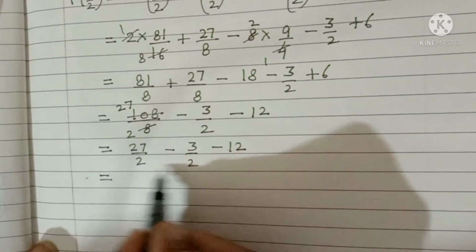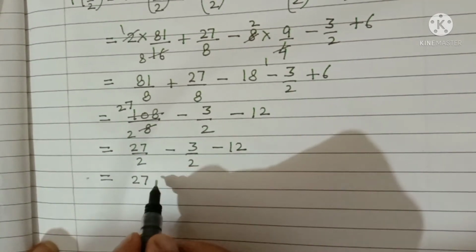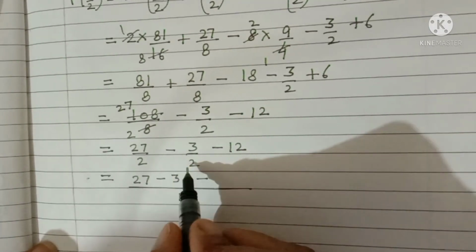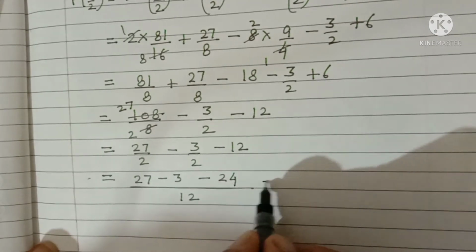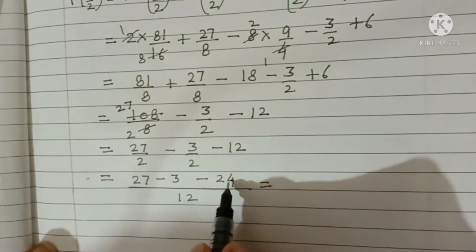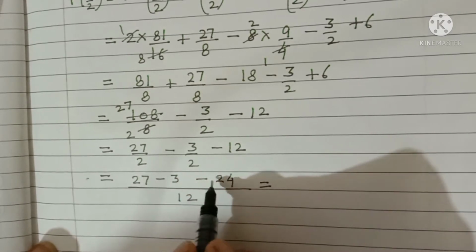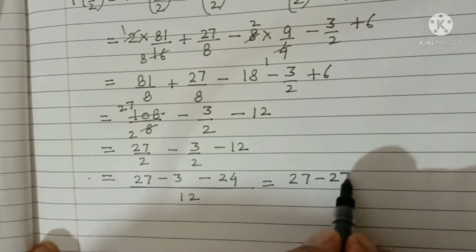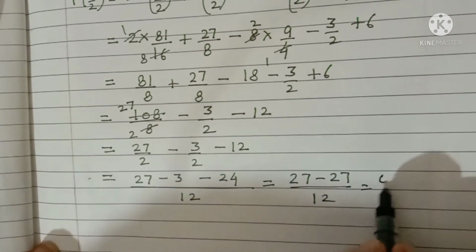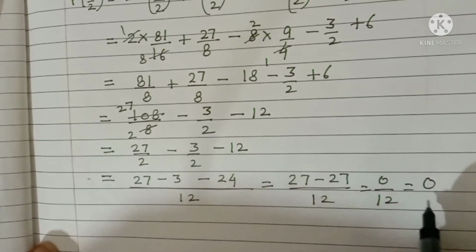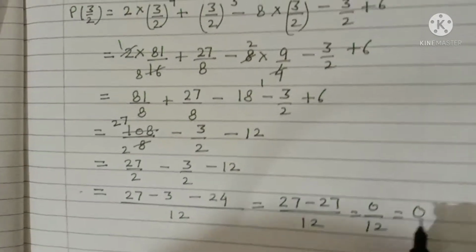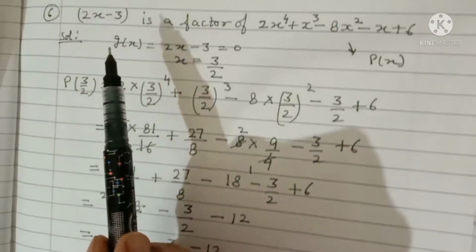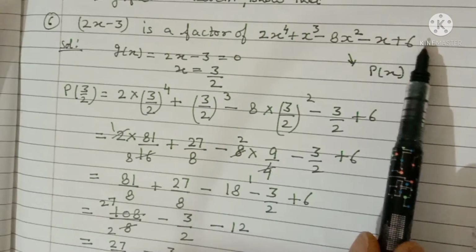Solve it, take LCM, this becomes 27 minus 3 minus 24, you will get 27 minus 27 upon 2, that is 0 upon 2, equal to 0, which we had to prove. So 2x minus 3 is a factor of this polynomial p(x).